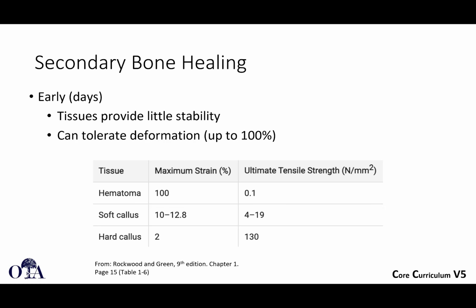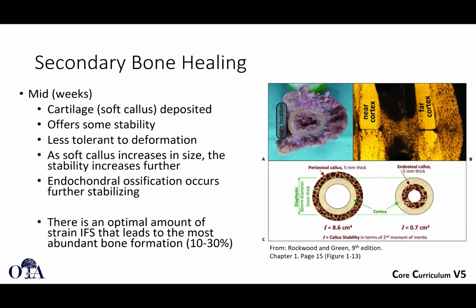phases. So the initial phase provides very little stability, and there can be potentially quite a bit of deformation as shown here, whereas in the soft and hard callus phase there is much less deformation that takes place. In that middle phase you will get cartilage and soft callus that's deposited.